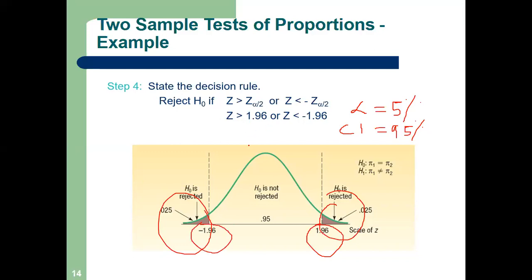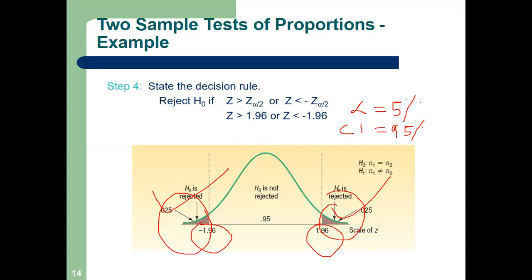So what is our decision rule? Now I am discussing step 4. With two rejection regions, if my calculated Z value is greater than 1.96, or if my Z value comes in this region, that means less than minus 1.96, we will reject the null hypothesis.